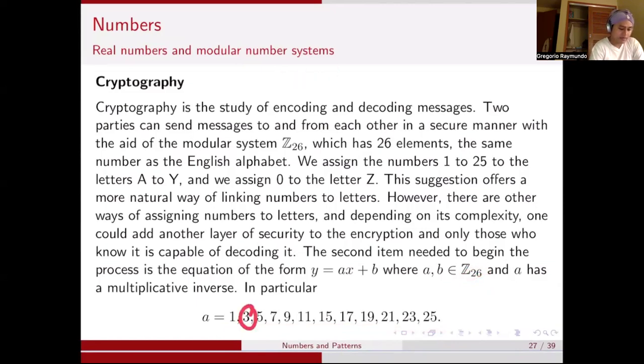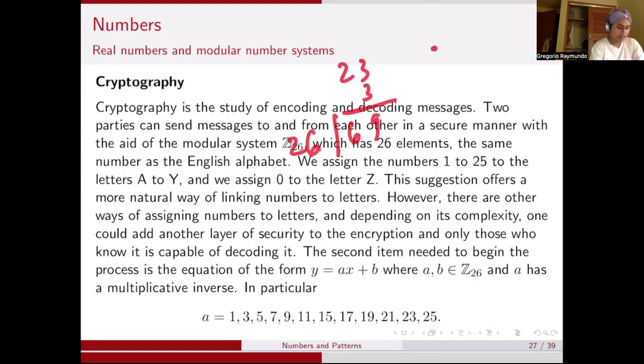Si 3, 3 times 23 yata. 3 times 23, tingnan natin. 3 times 23, 9, 69. 69 divided by 26.